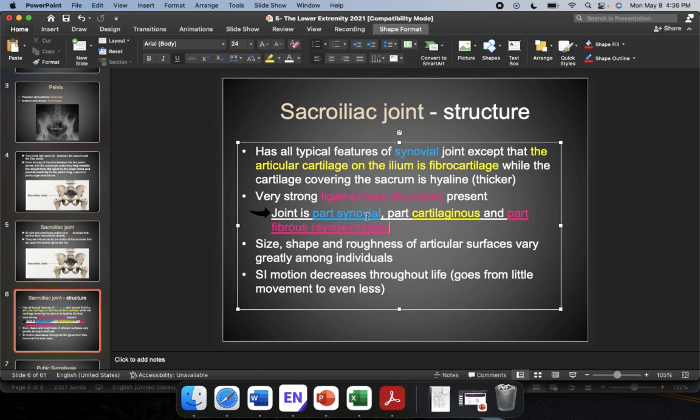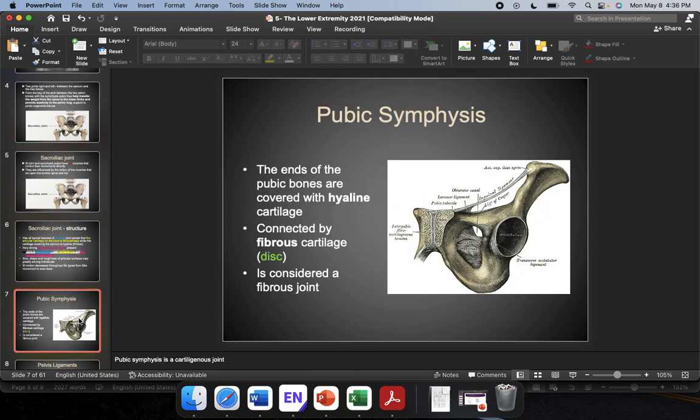So the joint has synovial portions, ligamentous portions, cartilaginous portions, and fibrotic syndesmosis included all within the joint. The SI motion decreases throughout life. Even when we're young, we have very little SI joint motion, and as we age, we gain even less.